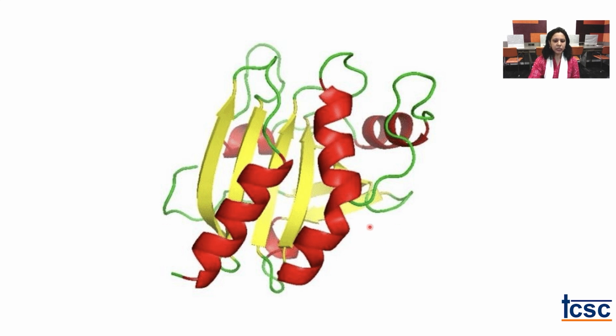Another structure that we can see over here are the ones in green, which are known as the beta turns. We'll be talking about beta turns also. Before that, a combination of alpha helices, beta sheets, and beta turns together forms the tertiary structure of the protein.